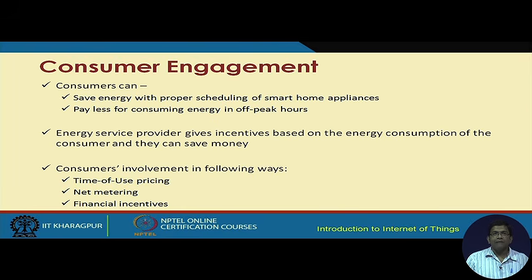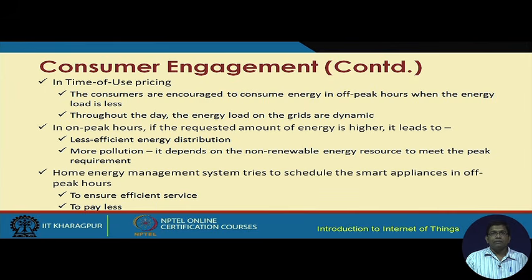These become advantages to the consumers. So, consumers get engaged in the process and they benefit through these means. Consumer involvement comes in different ways: time of use pricing is one, net metering is another, and financial incentives. We are going to talk about each of these in brief.